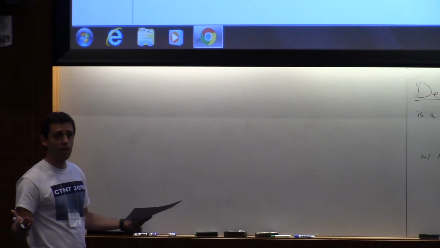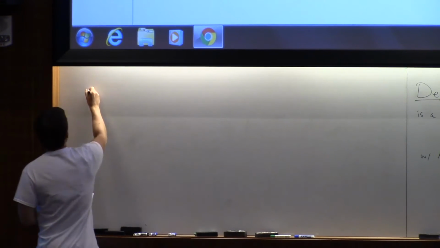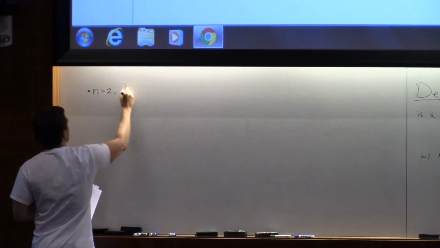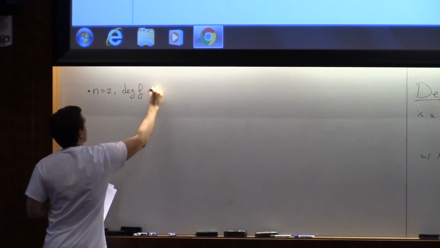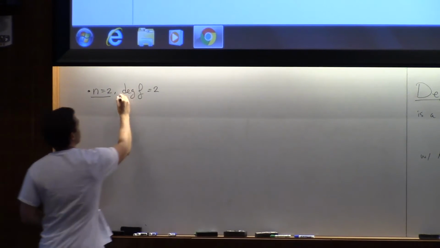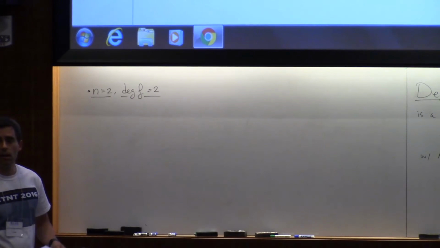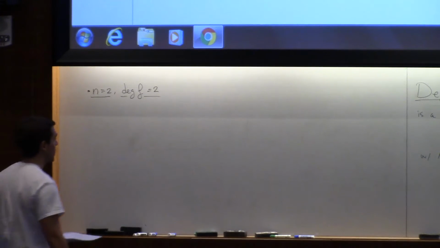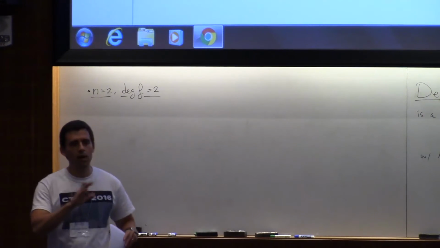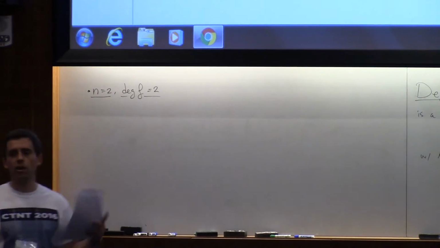Within n equals 2, degree of f is 1, let's move on. How about n equals 2, degree of f is 2? Now your curve is a conic. I'm going to be skipping singular cases.